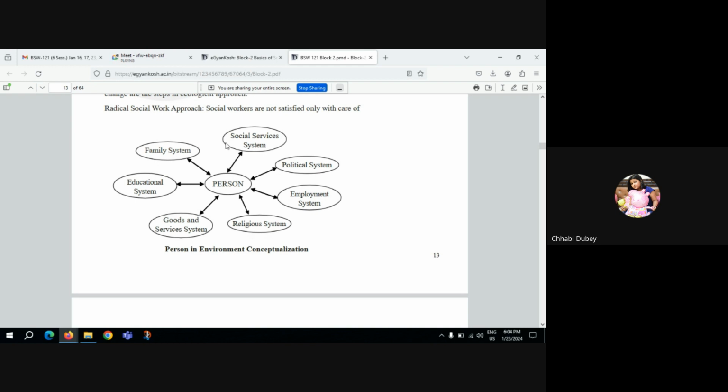These include the social services system, the political system, the employment system, the religious system, goods and services system, educational system, and the family system, and so on and so forth. So the individual is impacted by the various social systems.